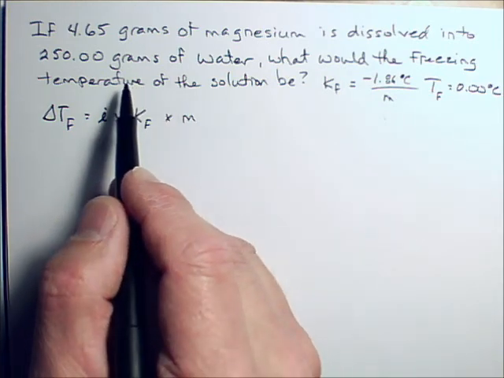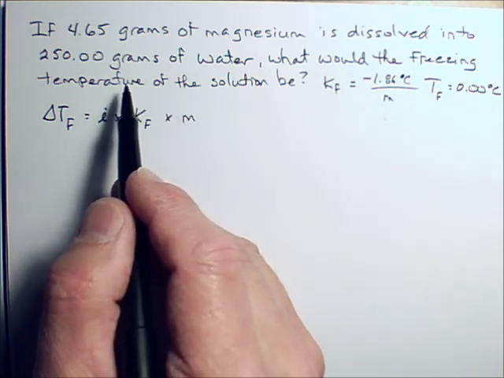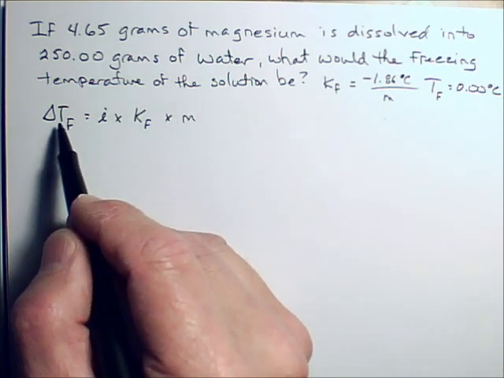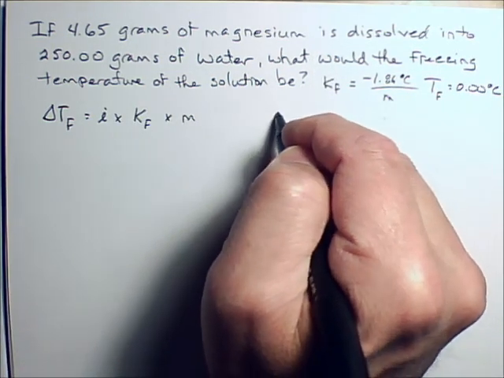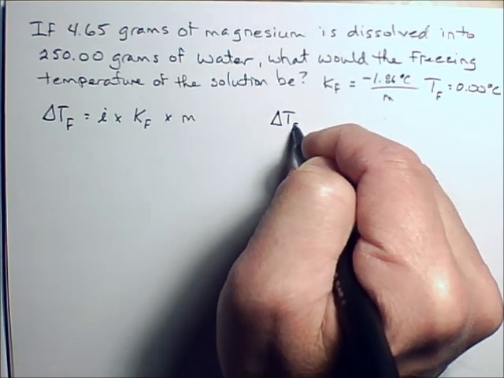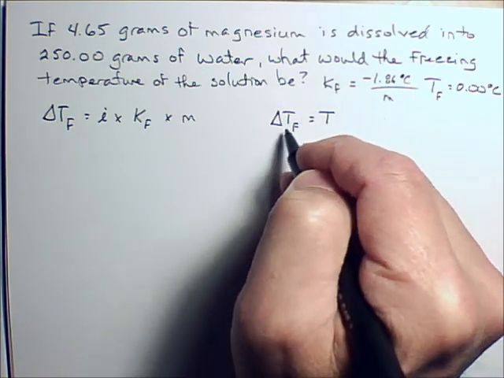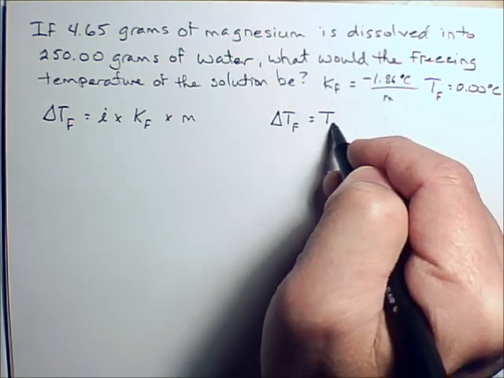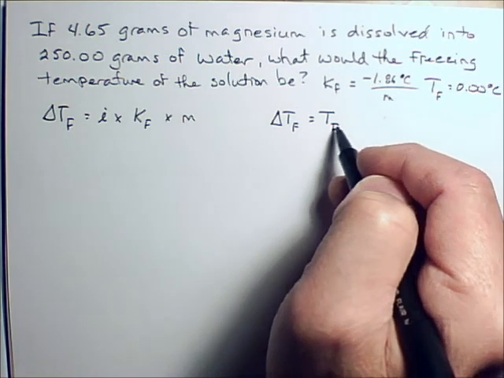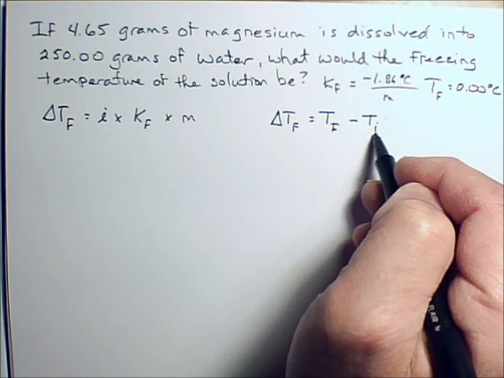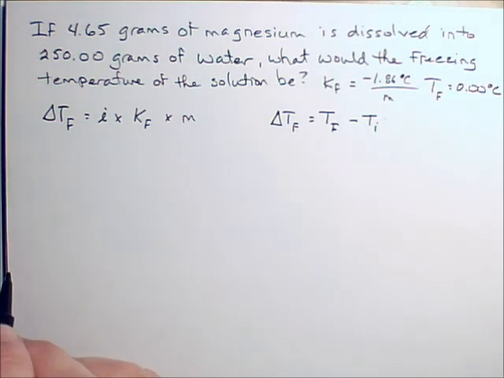We learned to figure out concentration 2 and 3 days ago. Okay? And then once you find the change in freezing temperature, that gets plugged into this equation. And this is change in temperature equals the final temperature, that's the freezing temperature for the solution, minus the initial temperature, which is the freezing temperature for the pure solvent. So once you do the first equation, you do the second equation, you get the formula.